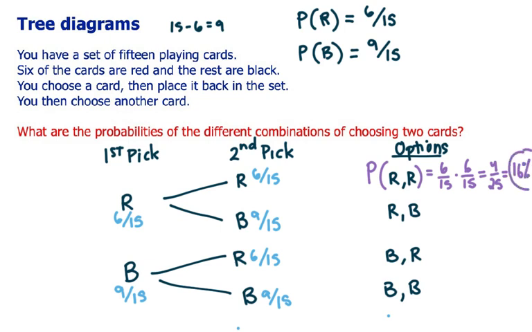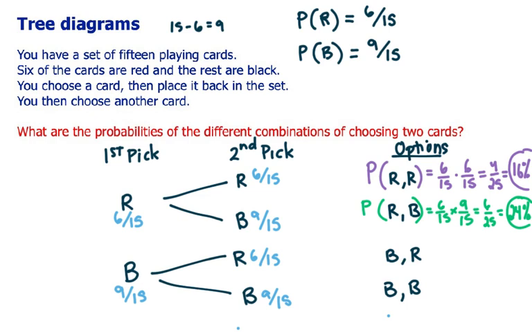Then we can do the next option, which is first choosing a red and then a black. That would be 6 out of 15 times 9 out of 15, which will simplify to be 6 out of 25, which is 24%. So 24% of the time we would have that outcome where we chose a red and then a black.